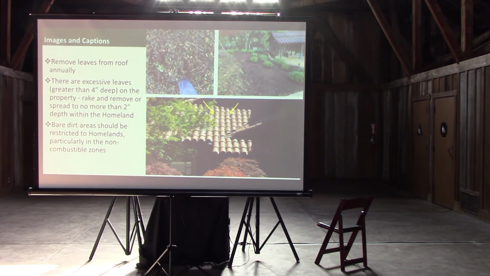So it will depend on how fast this regains leaf litter. Maybe it's really fast because there are lots of oak trees. There are a lot of oak trees on this property. Maybe you only have one oak tree, so it's not going to go too fast. So it's that conundrum between bare dirt, which is good for fire, and not so good for getting weeds. So a little bit of leaf accumulation is okay. This much leaf accumulation is just too much.